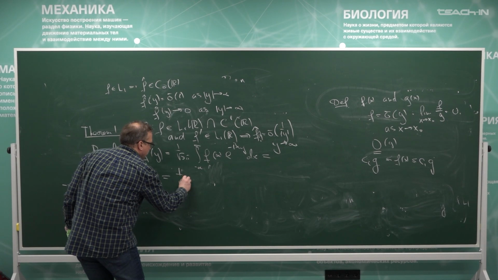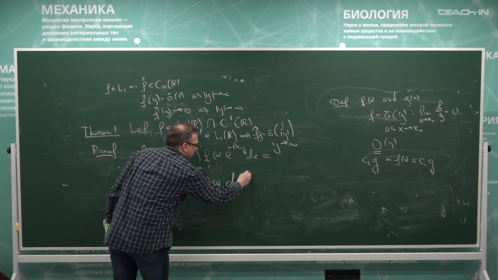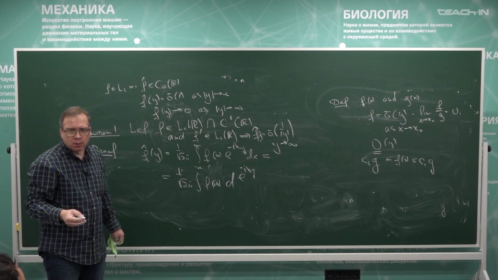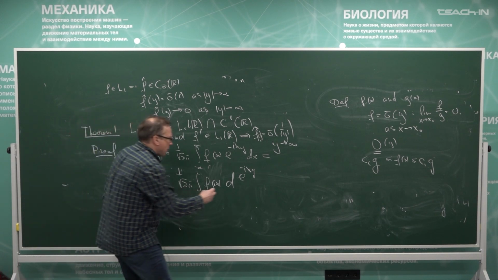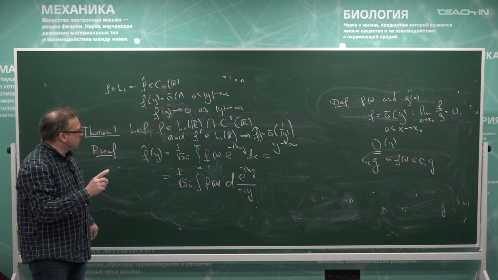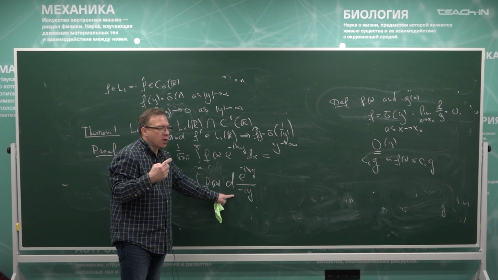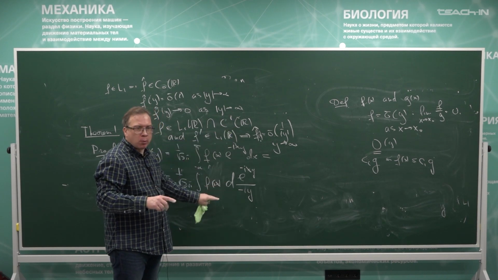Put the exponent inside the differential and then integrate by parts. Don't worry about zero, because we want the behavior of the Fourier transform for large values of this parameter.